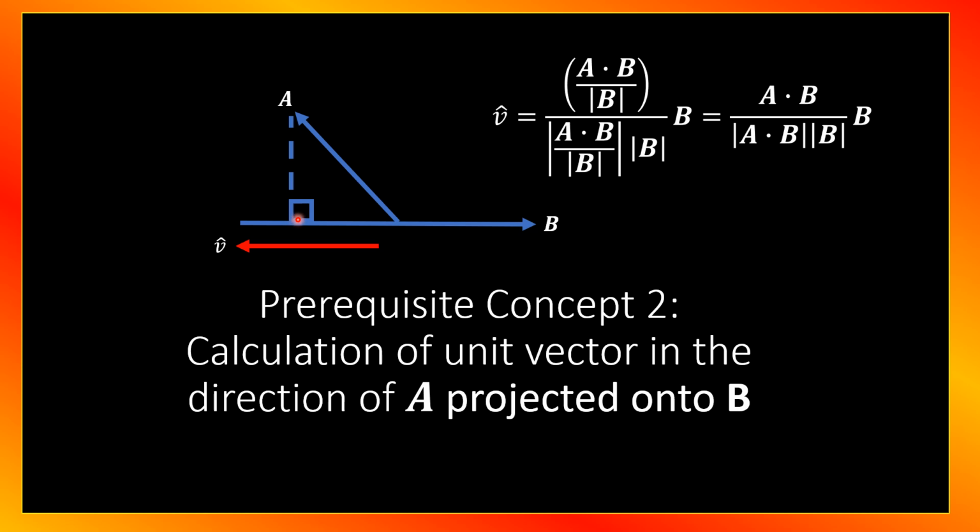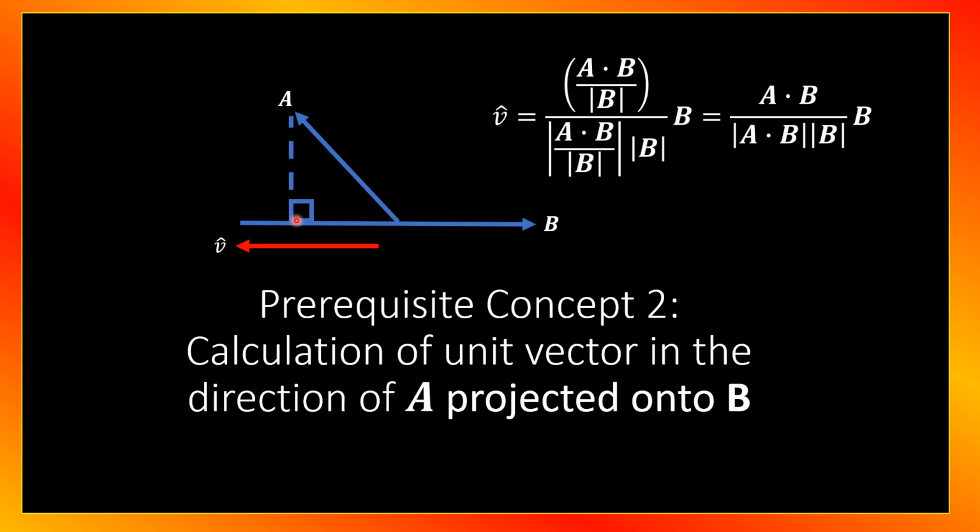But the problem is that when we divide by the magnitude of this vector, the vector is always going to be in the direction of B. But we want it to be in the direction of the horizontal components of A, this over here.